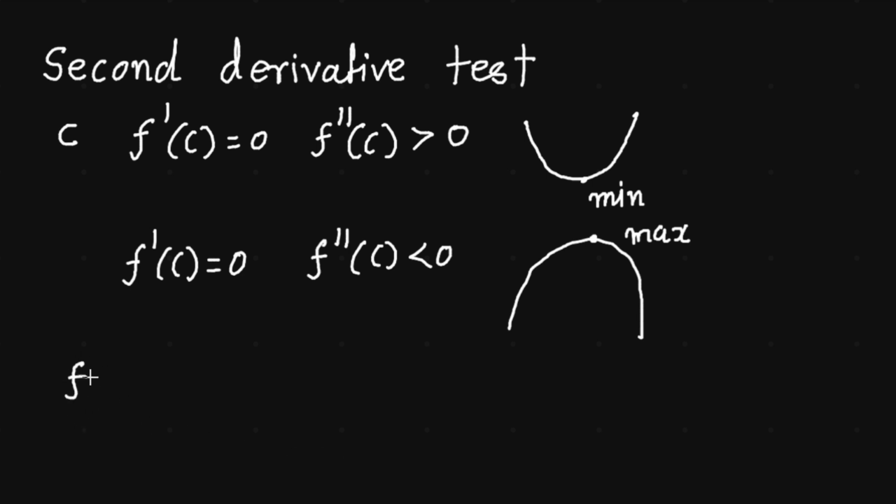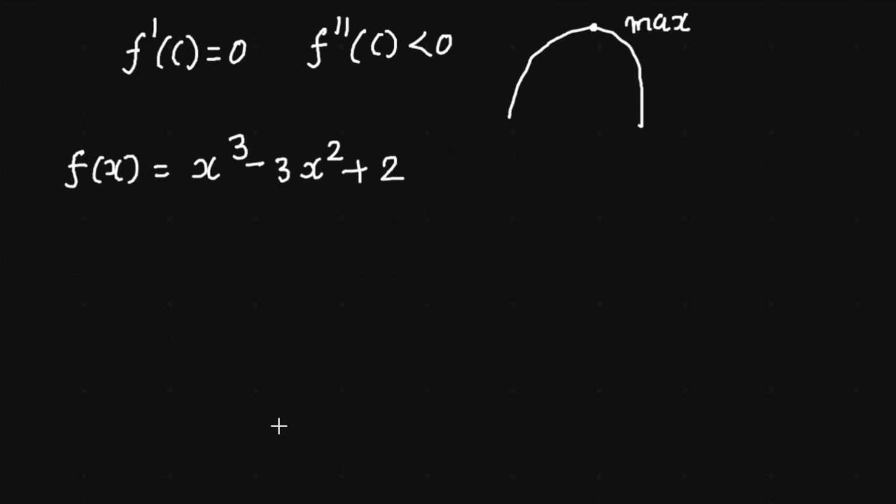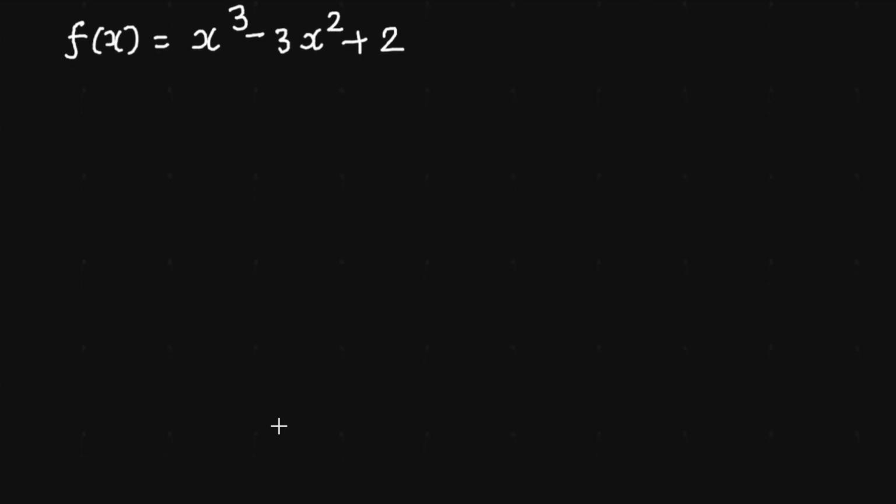Suppose our function is f of x equals x cubed minus 3x squared plus 2. First we need to find the critical points of this function.